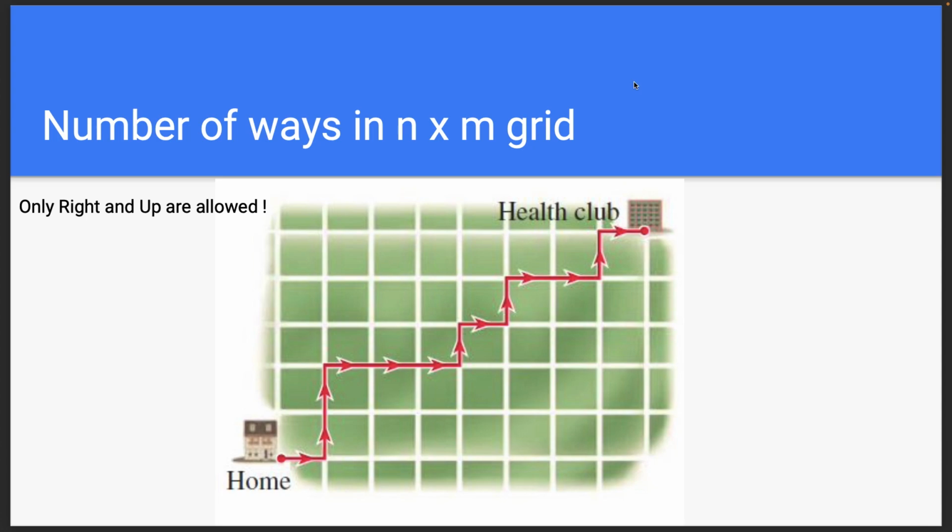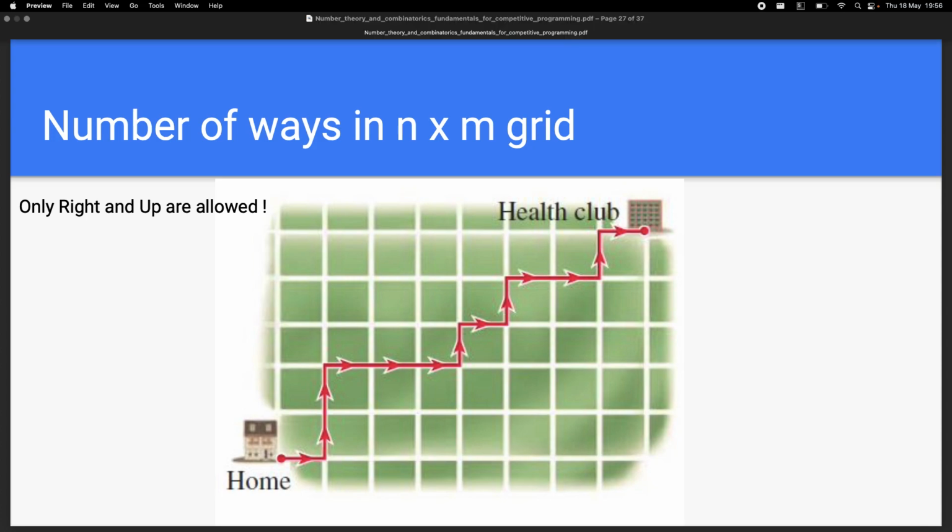Then, for example, if we go up for n times, then we must go all to the right for the rest of the instructions. But I don't know. I am thinking about the correct form. We can wait a little bit.